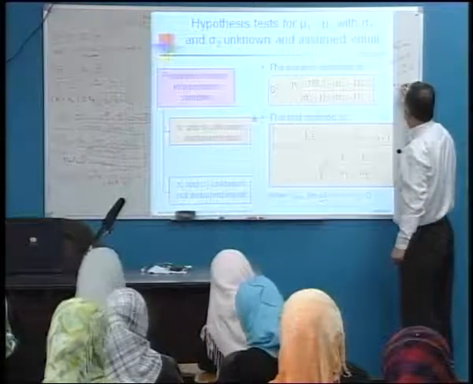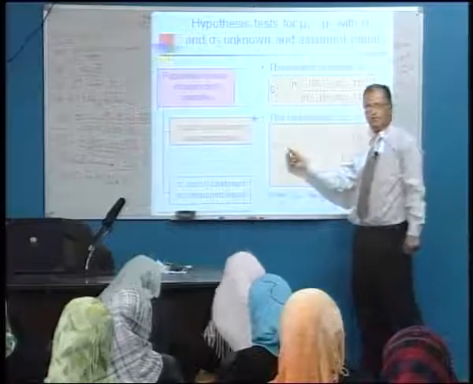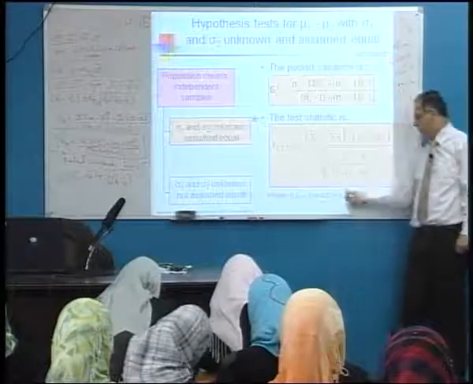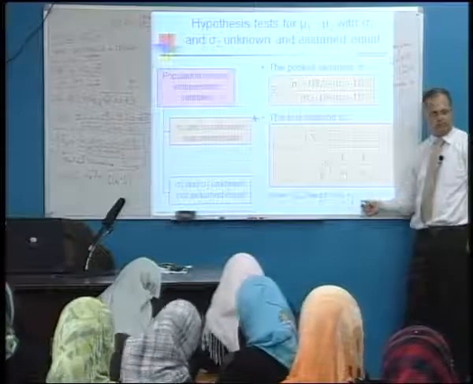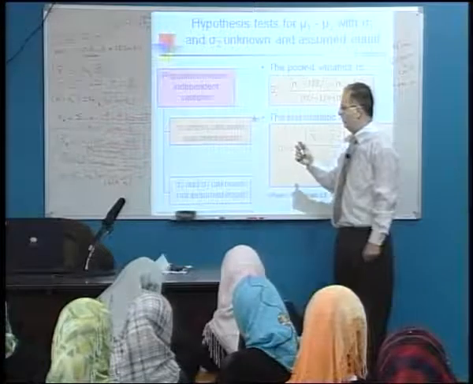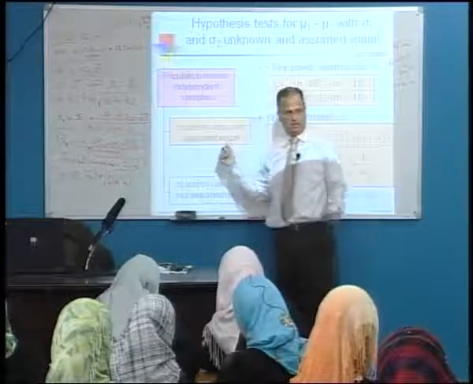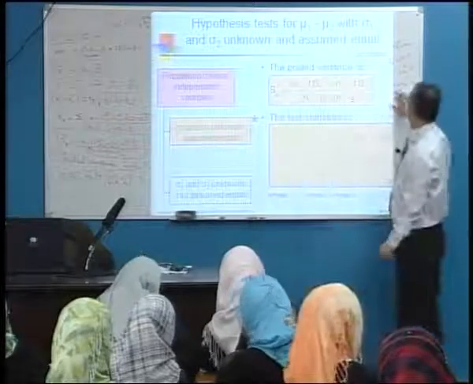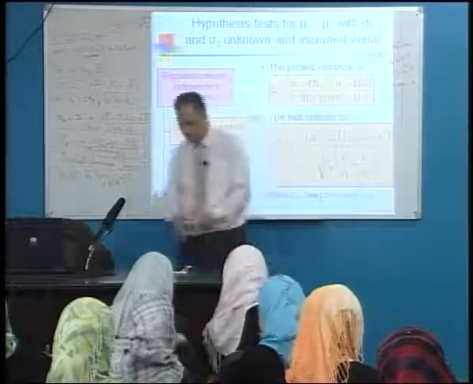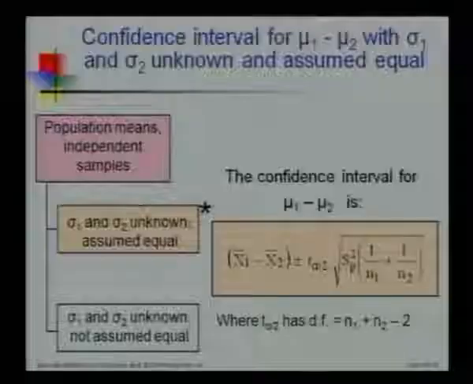So adding these, it should be n1 plus n2 minus 2. This is only if we assume variances are unknown but they are equal. So that's for the testing and the confidence interval approach.